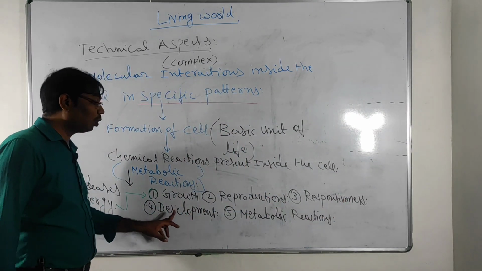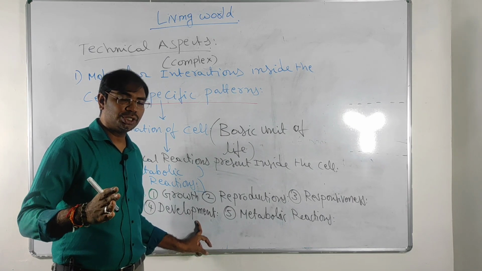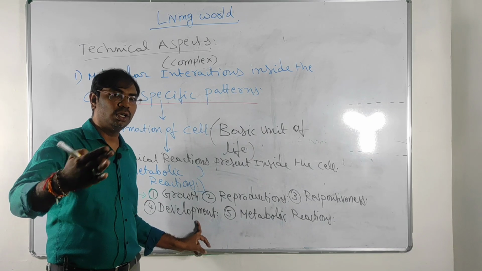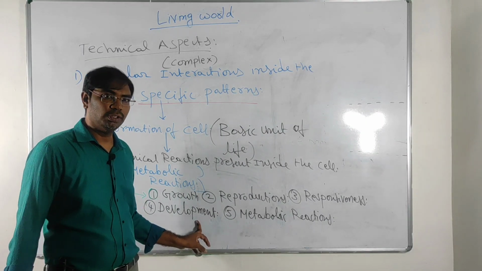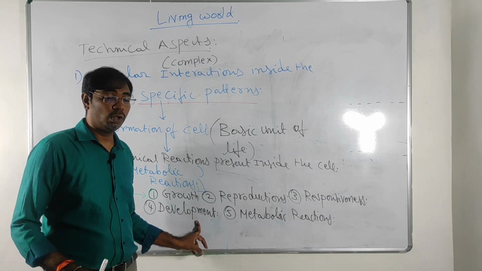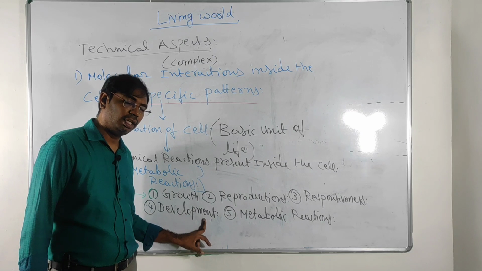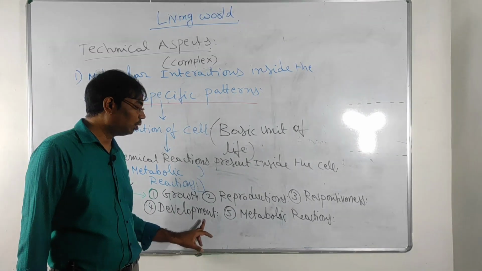Then another one is development. Development means that after fertilization, the zygote is produced in the organism. The zygote will develop into the embryo. Then further, the embryo will develop into the fetus. The fetus will develop into the baby. So different developmental stages are present in every organism's life. Stages of life, that is called development.